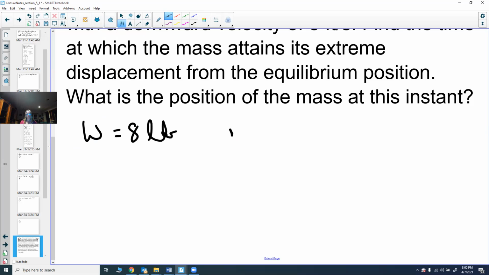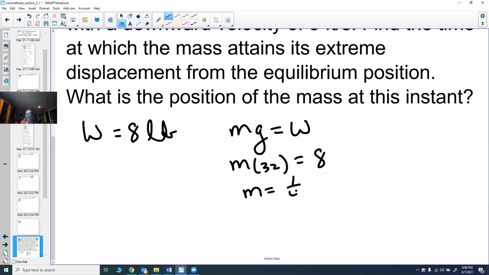Well, remember, mass times acceleration due to gravity is your weight. So you've got mass times the 32 feet per second squared is going to equal 8. So your mass is 1/4 of what we call a slug. So there's your mass.